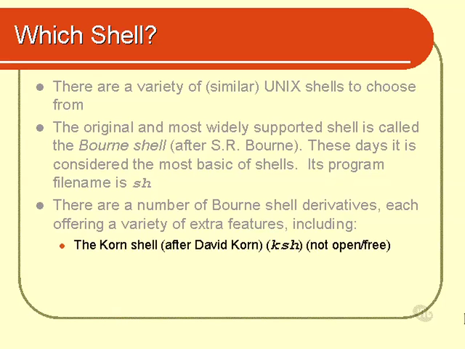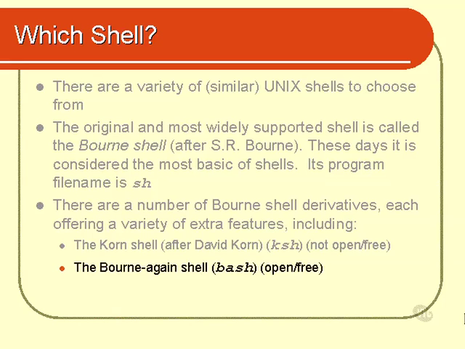And so they created another Bourne derivative shell called the Bourne Again shell. A little cleverness on behalf of these Unix boffins in the naming department. Its file name is bash, and it offers a great deal of features that are used primarily by users of Unix who are running Unix on a PC.